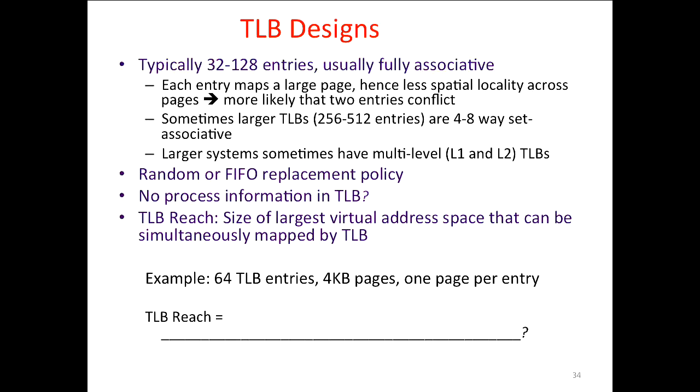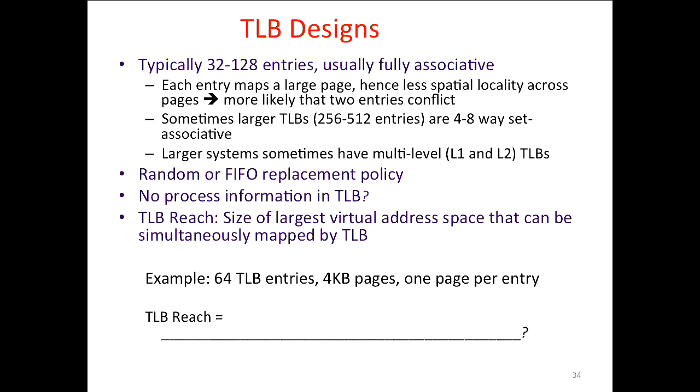They're usually highly associative, if not fully associative. It turns out there's less spatial locality at the page level because you kind of soaked it all up. It's because they're much coarser grains. It's much less likely that you'll access neighboring pages than neighboring bytes within a page. And so basically, to avoid conflicts, you tend to have a fully associative TLB.